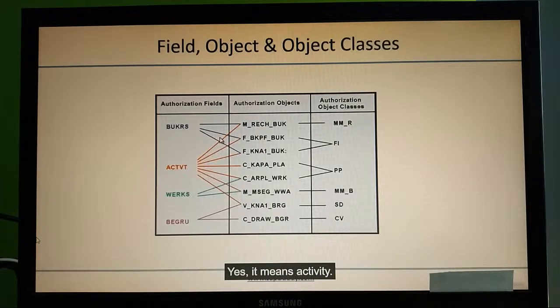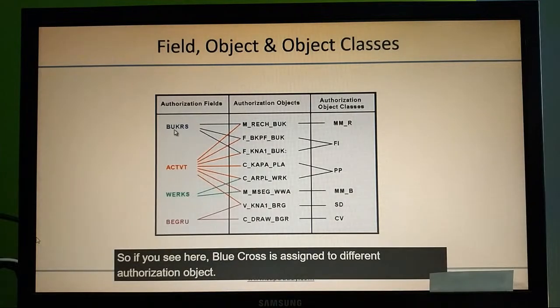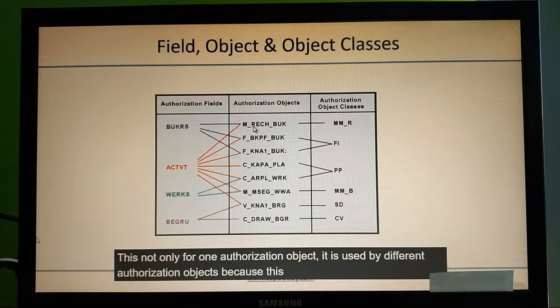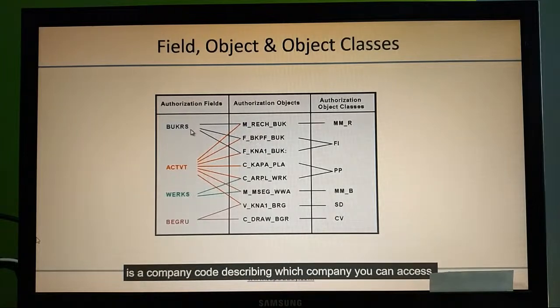ACTVT means activity. If you see here, BUKRS is assigned to different authorization objects. This is not only for one authorization object. It is used by different authorization objects, because this is a company code describing which company you can access. So this will be used in many authorization checks.